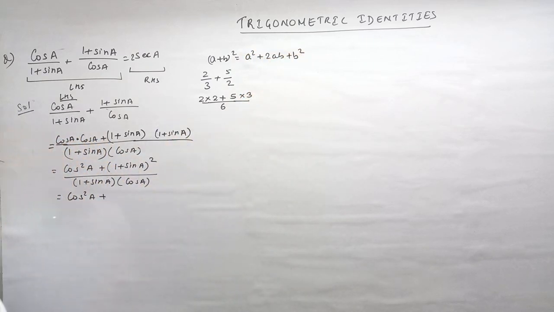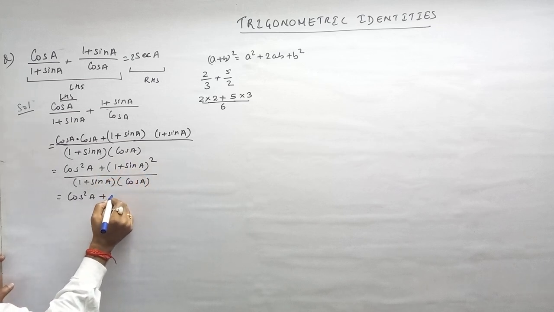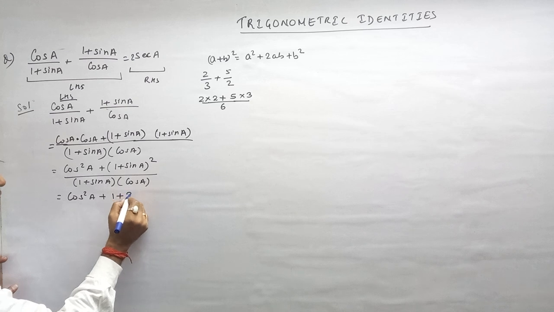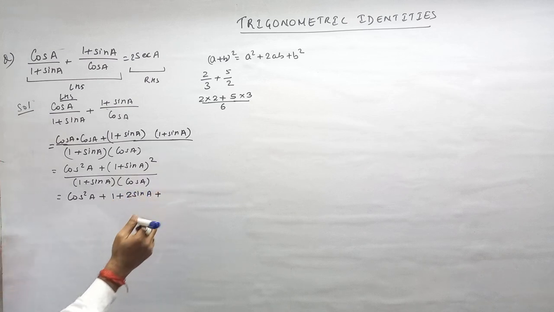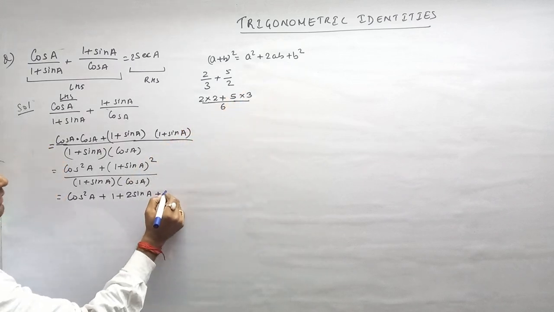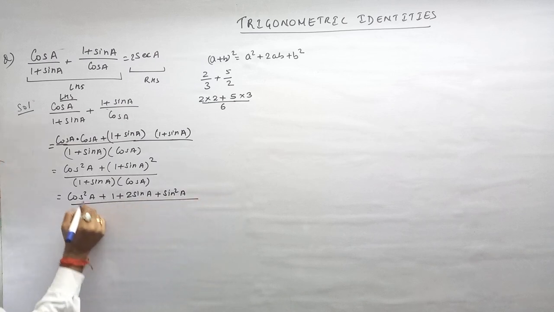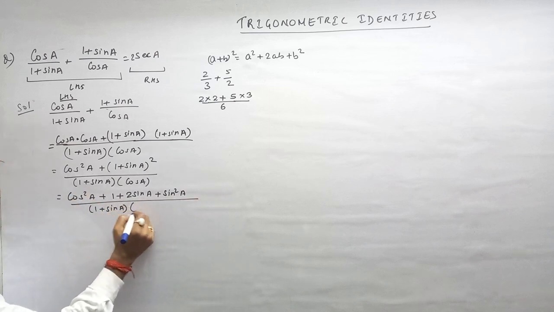This identity you have done in class 8, class 9, right? So we'll be using A plus B whole square here. This will be A square, that is 1 square, plus 2ab means 2 into sin A, plus B square. B square is what? Sin square A. The denominator, as I told you, we'll keep as it is.